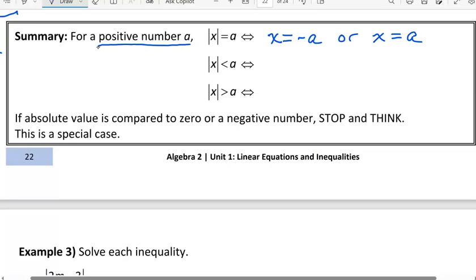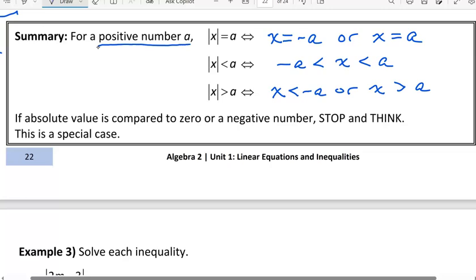If the absolute value of x is less than a positive number, then x falls between that number and its opposite. If the absolute value of x is greater than a positive number, then x is either less than the opposite of that number, or x is greater than that number.